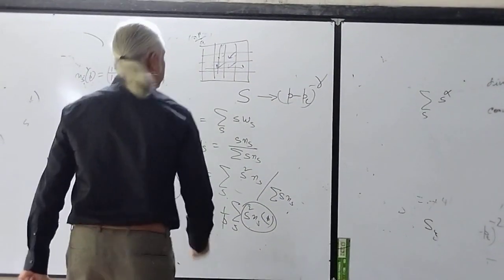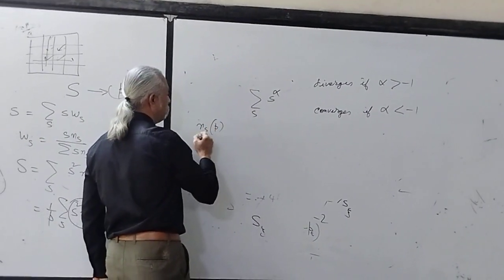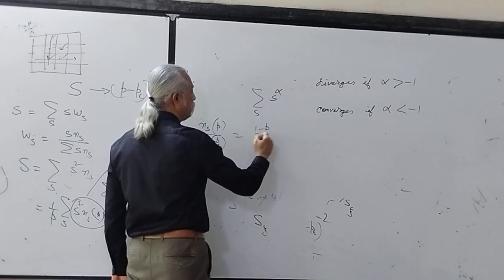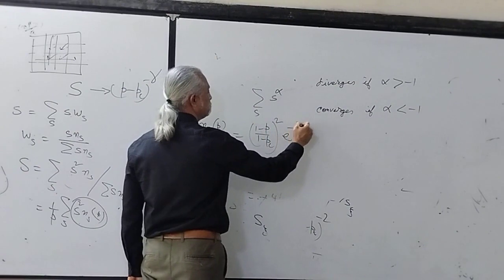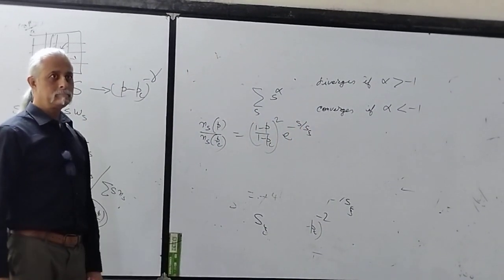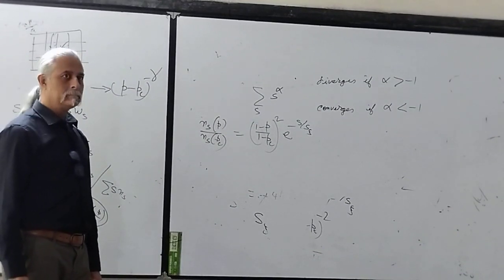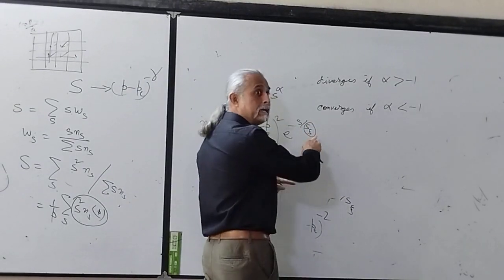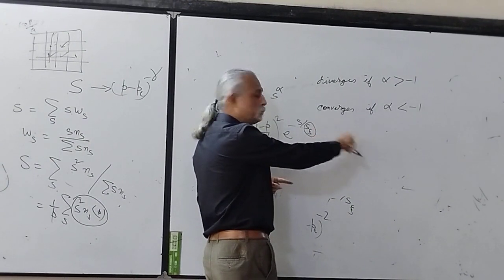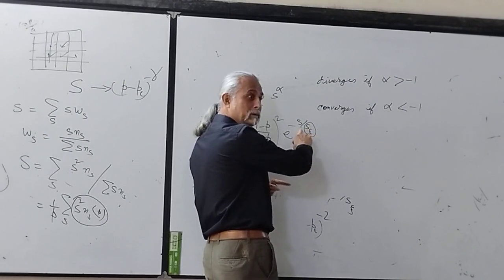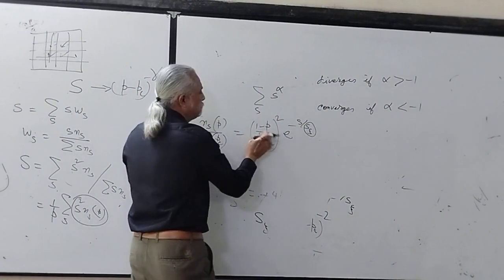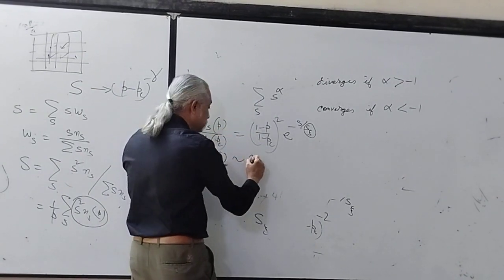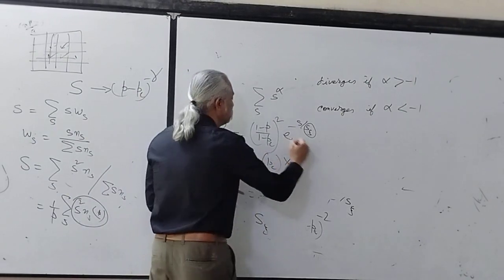There is only one possibility: it diverges. So what do we see? n_s(p) by n_s(p_c) we found to be 1 minus p by 1 minus p_c squared times e to the power minus s by s to the beta. Near p_c this tends to infinity, so 1 by infinity tends to 0, and that goes away. What remains is a number, so n_s(p) is like n_s(p_c) times a constant.